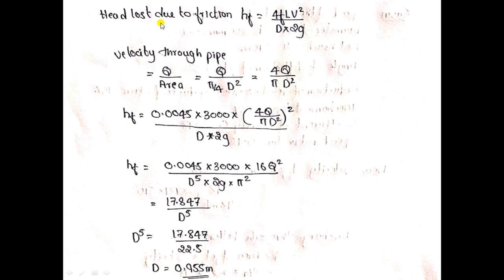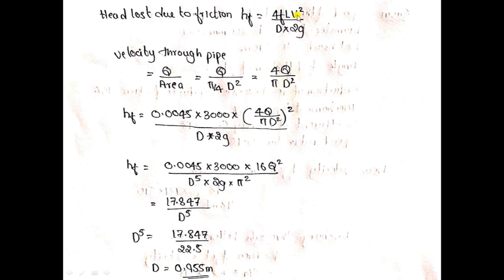The head loss due to friction is given by the formula HF equals 4FLV square divided by 2GD. By the continuity equation, the velocity is the total discharge divided by area. Since it is a pipe, the area is pi by 4 d square. So the velocity through the pipe is 4Q divided by pi d square.